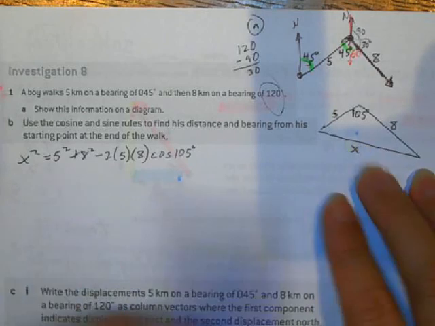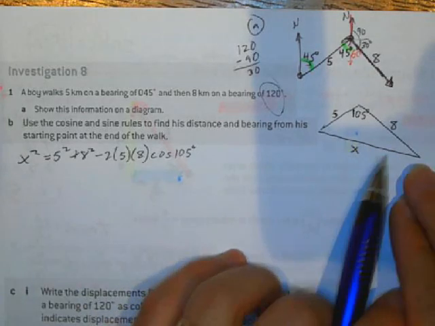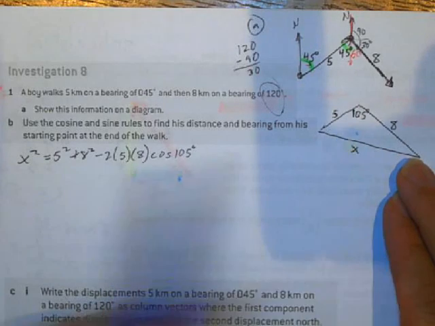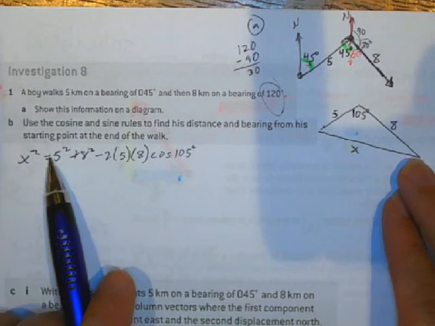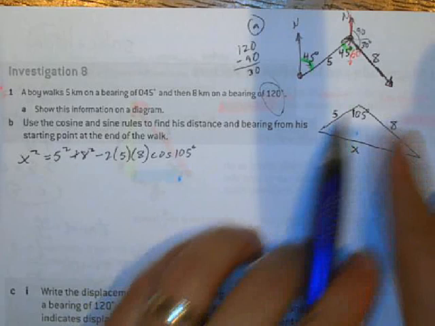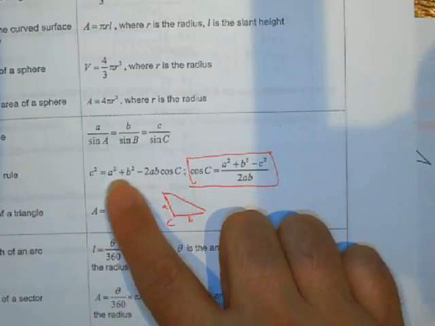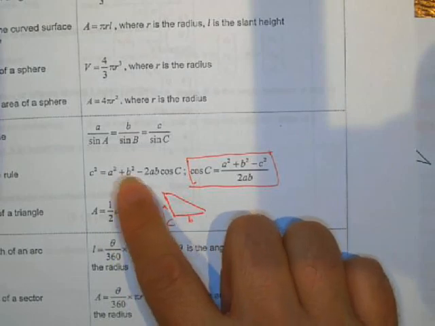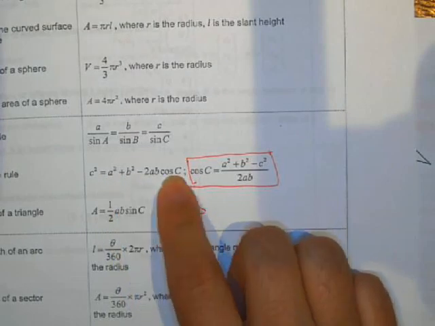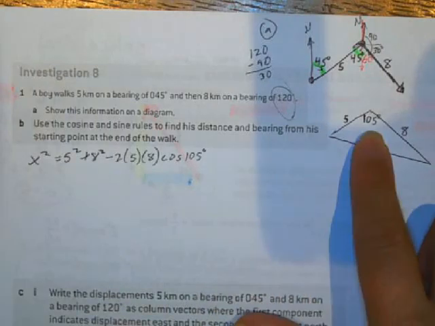Remember, this x is the one that's across from the 105. That's how I know that the 5 and the 8, the a and the b, are the ones on either side of angle C.